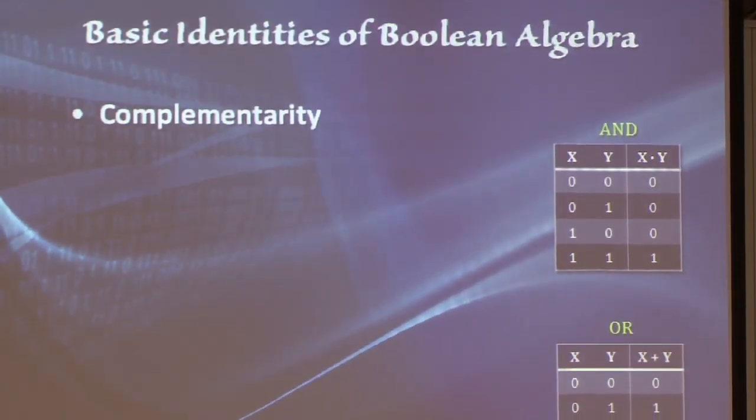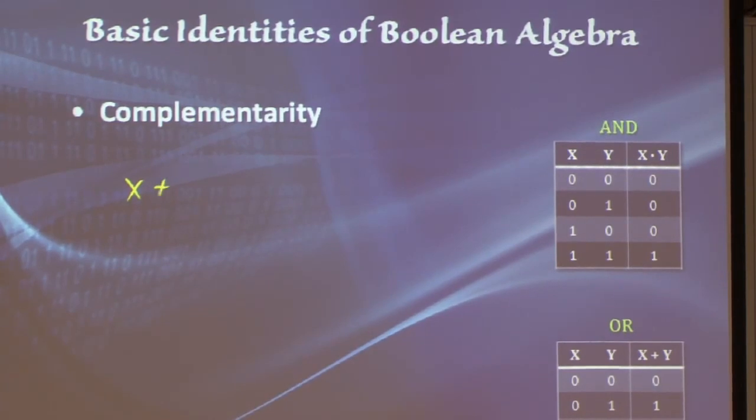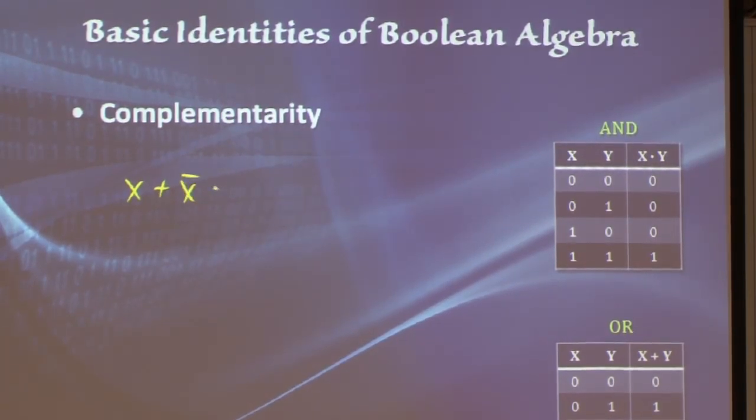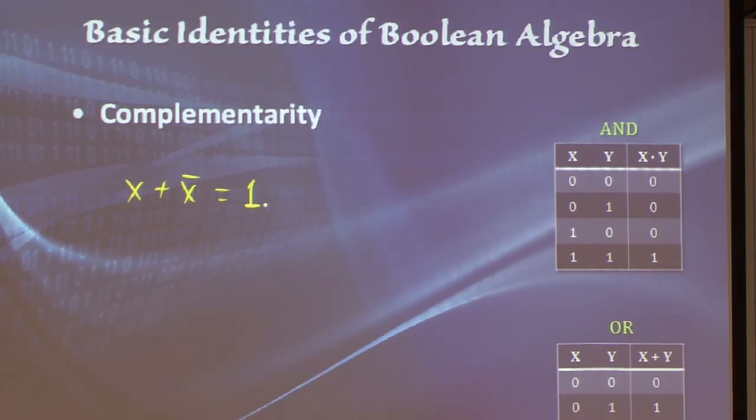Complementarity. It means anything OR its complement or inverse will give you 1. And it makes sense because if x was a 0, its complement will be a 1, and anything ORed with a 1 is a 1. And if x was 1 to begin with, then the result will be a 1 anyway.